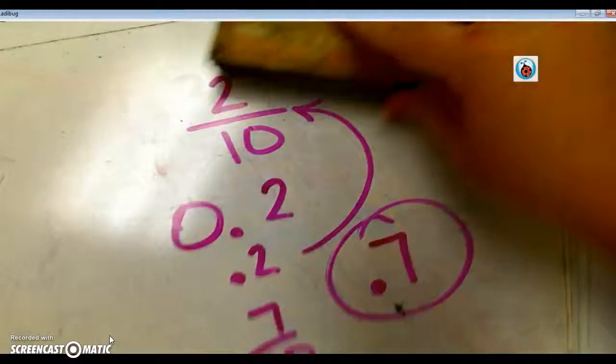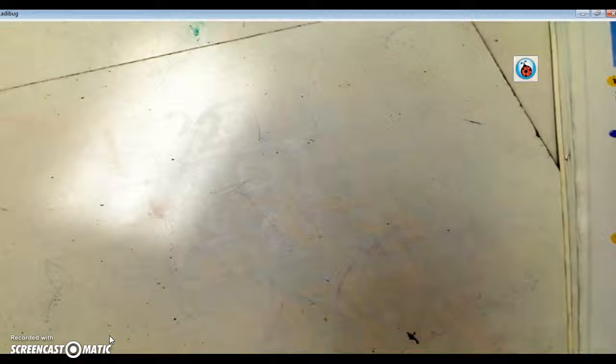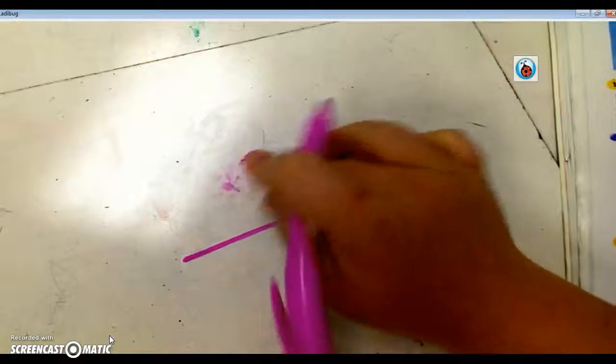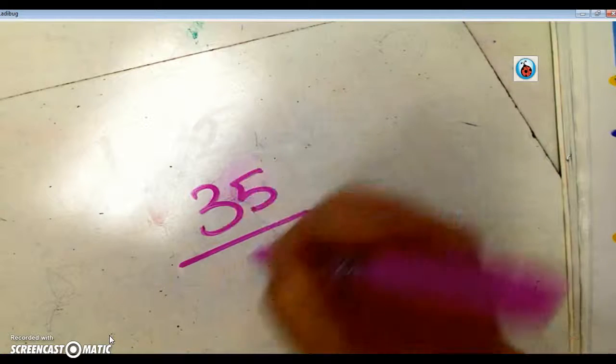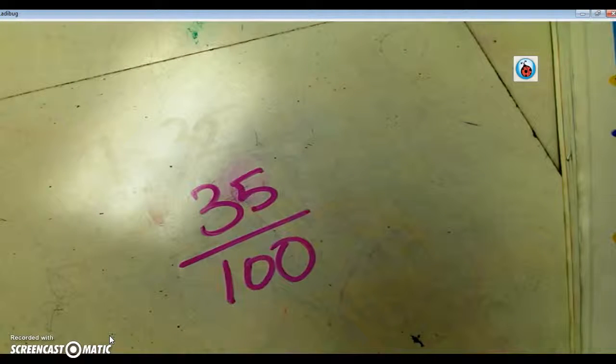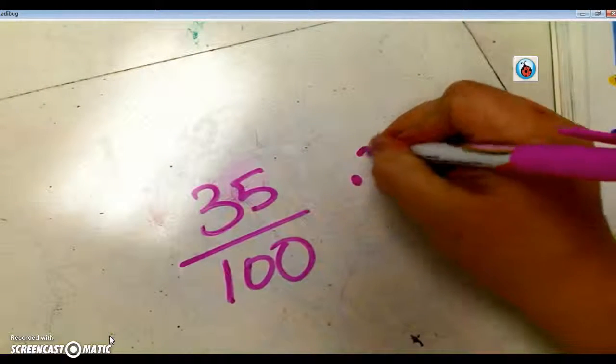Okay? Now, don't get me wrong, there are some other steps along the way. Like, what if I have 35 over 100. How would I write this as a decimal? How do I read this fraction, Landon? I read this fraction 35 hundredths, so how would I write it as a decimal, Emily? 0.35.